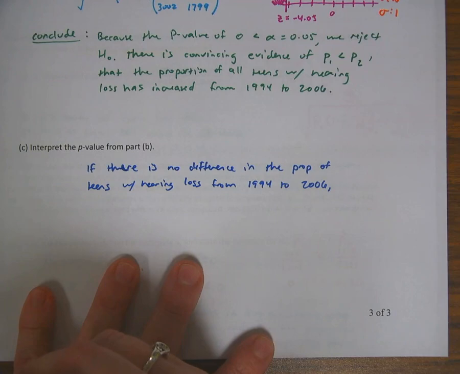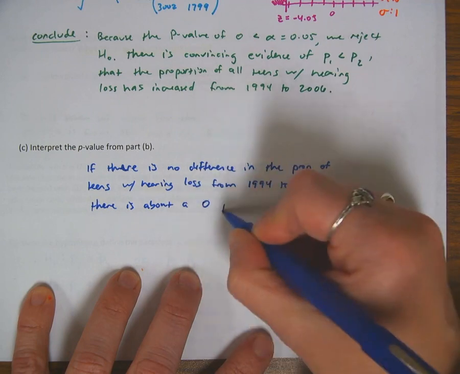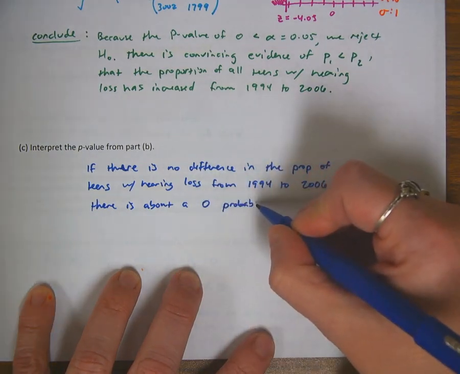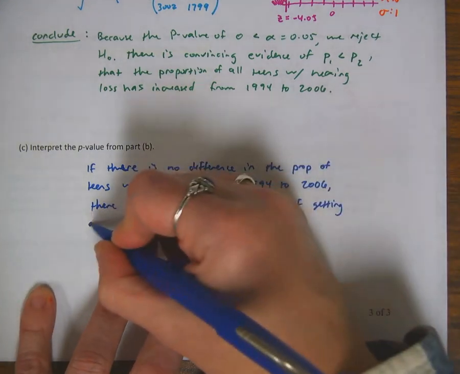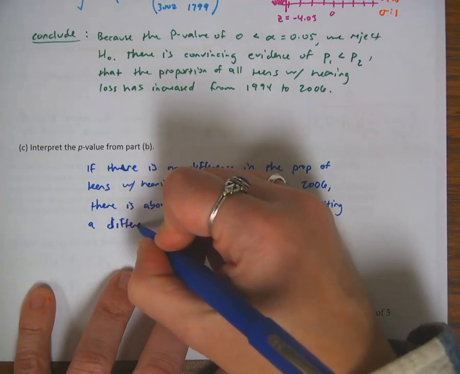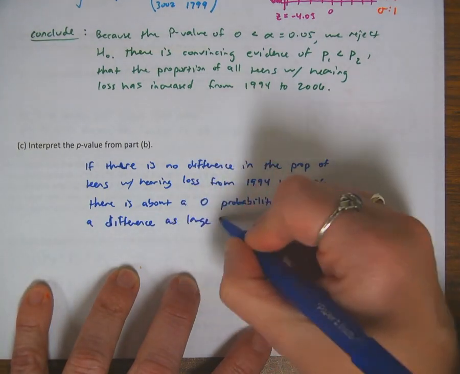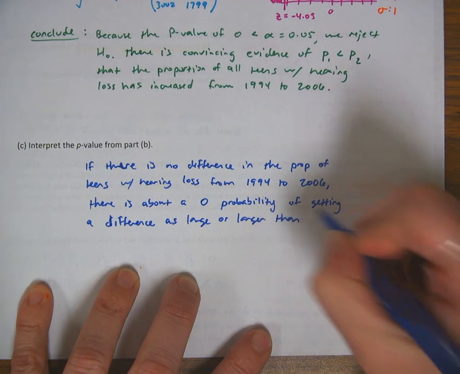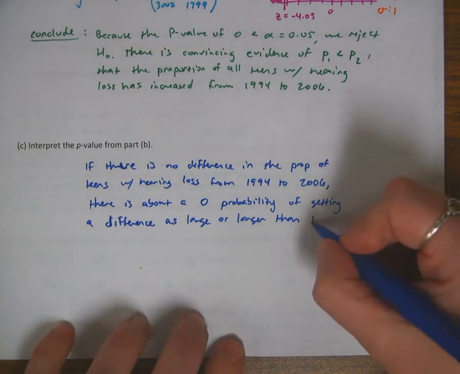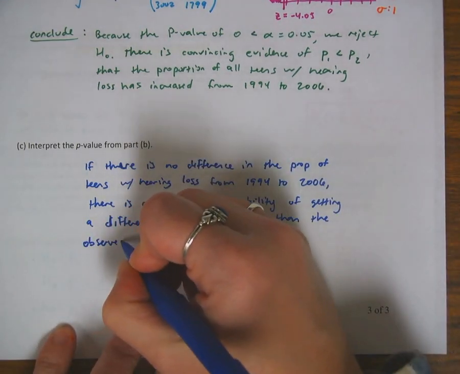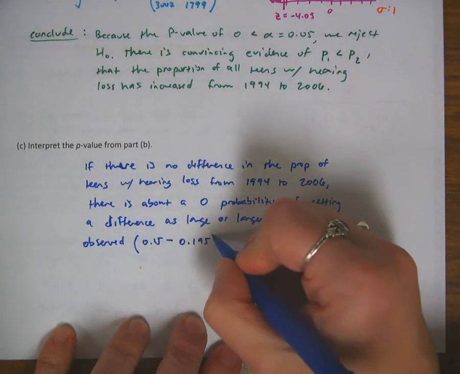there's about a 0 probability, it's kind of awkward to say, there is about a 0 probability of getting a difference as large or larger than the observed difference, which is that 0.15 minus 0.195 by chance alone.